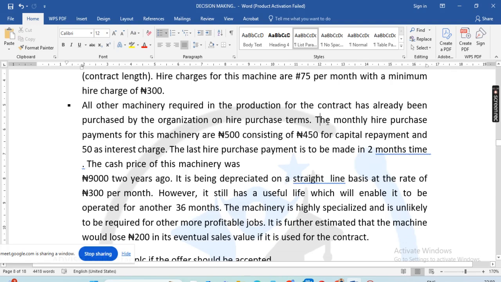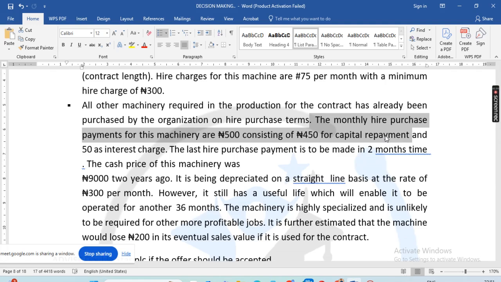The monthly hire purchase payment for this is 500, consisting of 450 capital repayment and 50 naira as interest charge.